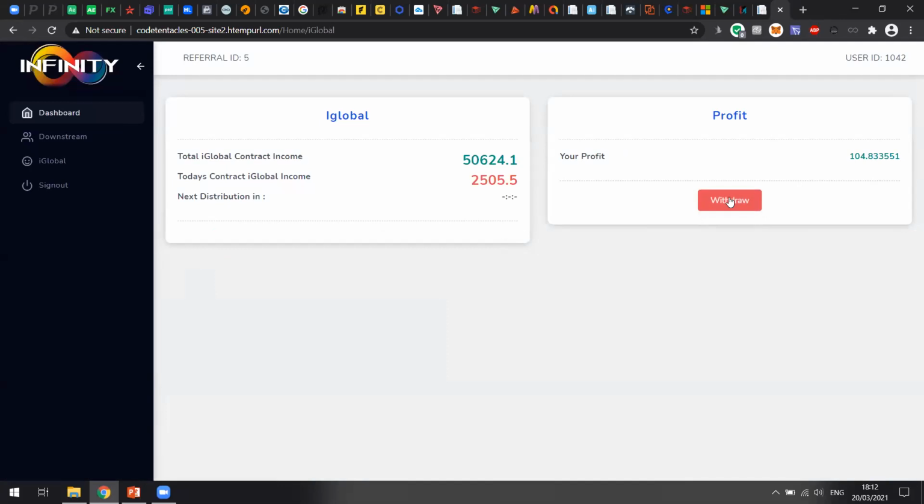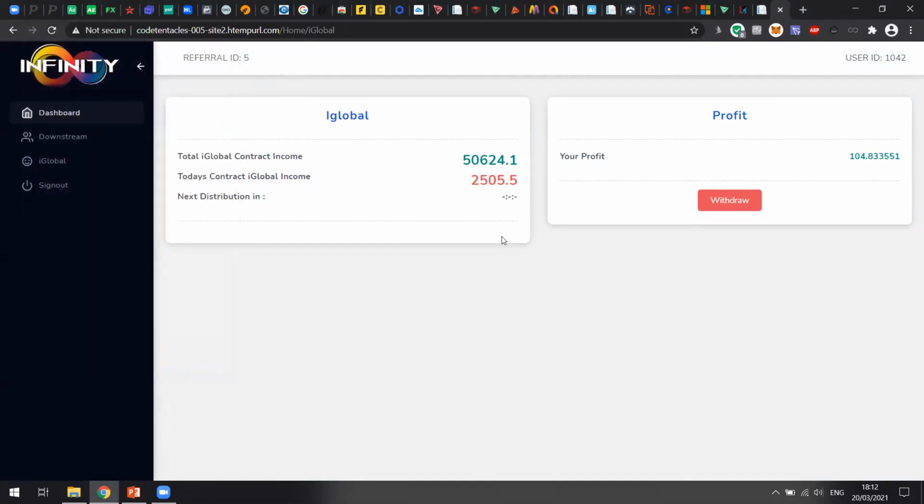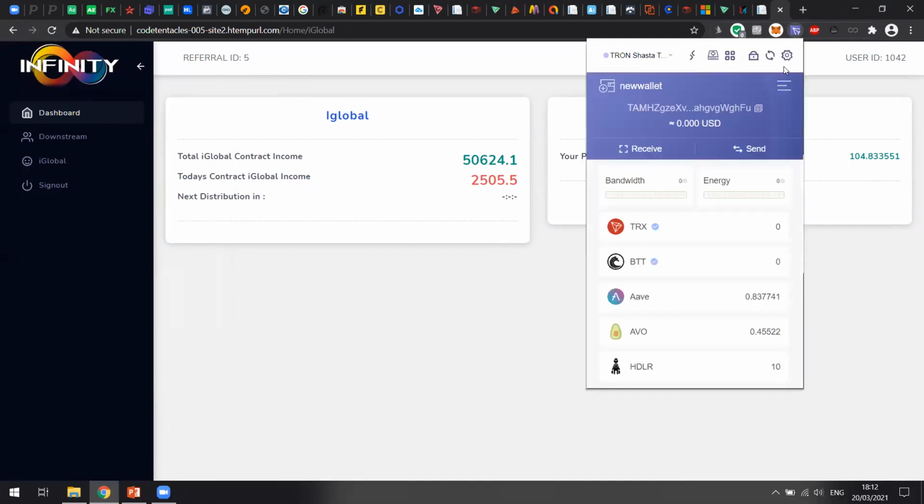I believe it's another. Let me try to withdraw. I can see that my profit is 104. Let's see. I don't know if the transaction will go or it will get reverted. Check.